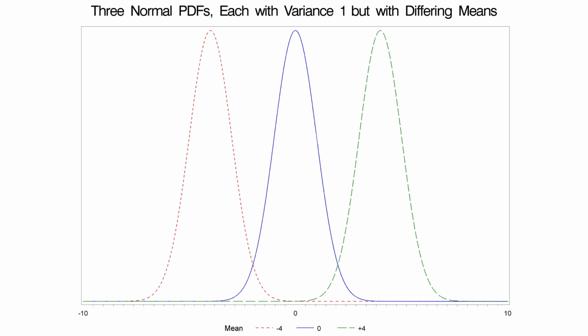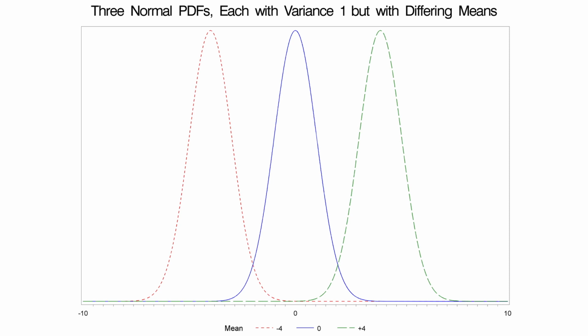Now, this slide shows examples of 3 normal PDFs. Each one has a variance equal to 1, and therefore the standard deviation is equal to 1 as well, but they have different means. So the blue curve in this particular slide is the PDF for the standard normal distribution, because it has a mean of 0 and a variance of 1, and therefore a standard deviation of 1.